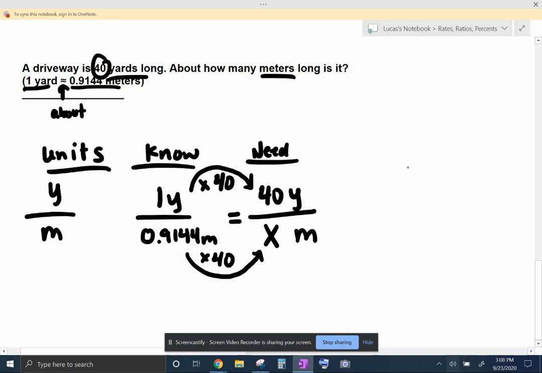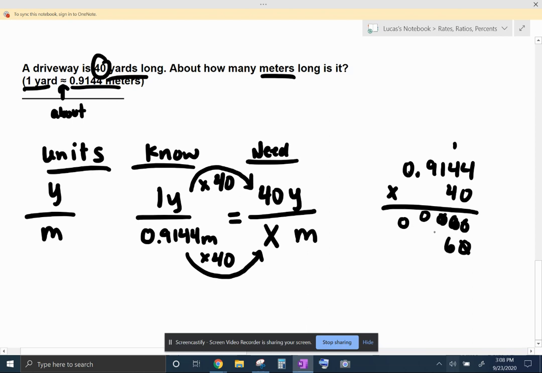So I could take 0.9144 times 40. You didn't know you could put the decimal up there at the top, did you? So I'm going to have a placeholder of 0, and then 4, 5, 9, 18, 27, 36.